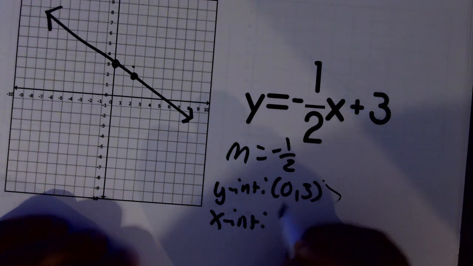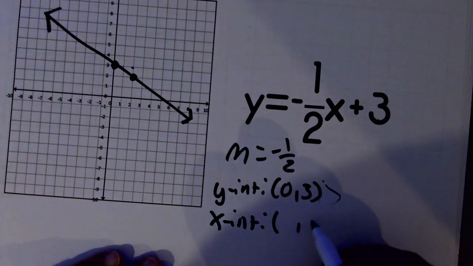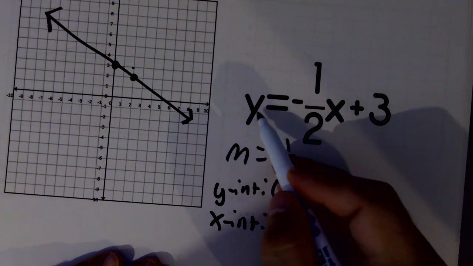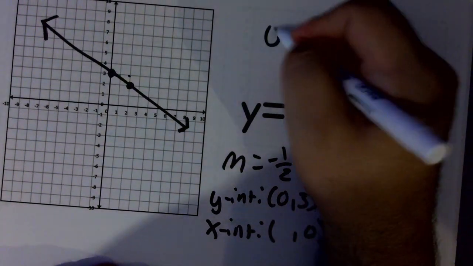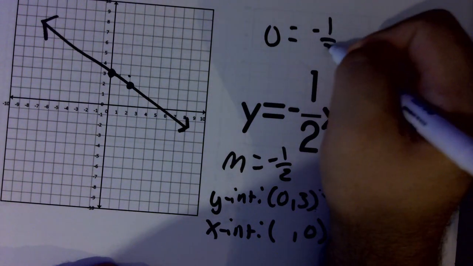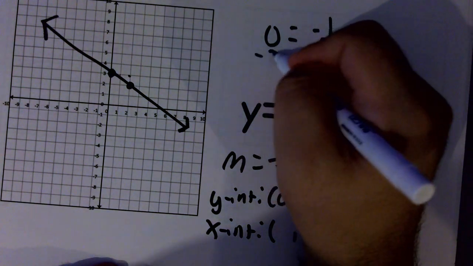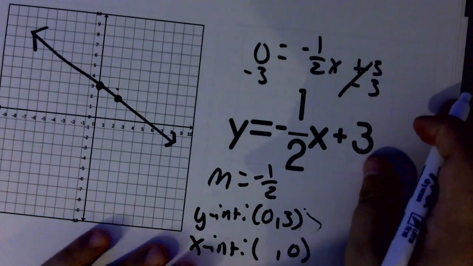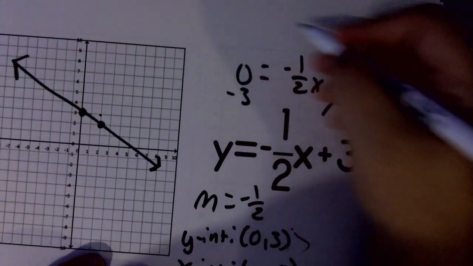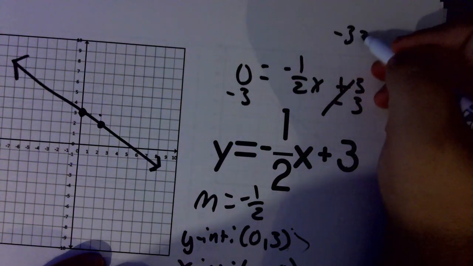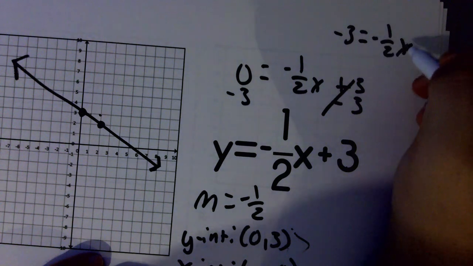a little bit harder to find. If I plug 0 in for y, this becomes 0 is equal to negative 1/2 x plus 3. Subtract 3 from both sides. And now this is negative 3 is equal to negative 1/2 x.